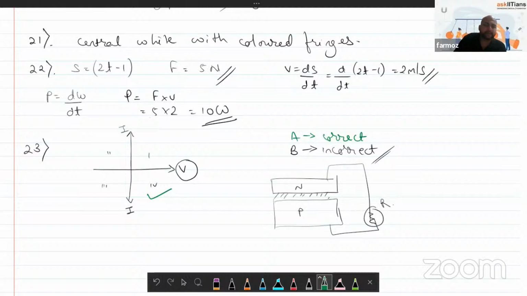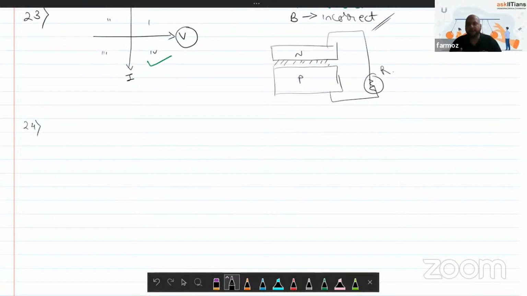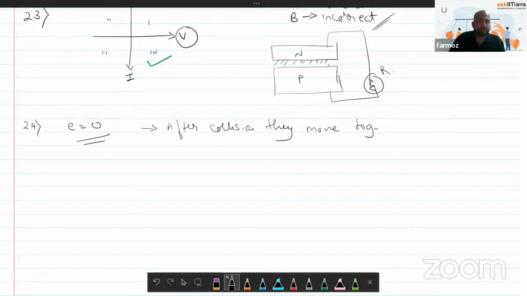Now see, when I'm talking about question number 24, two bodies A and B of same mass undergo completely inelastic one-dimensional collision. Completely inelastic means e is equal to 0, or on that basis I can say that after collision they move together.